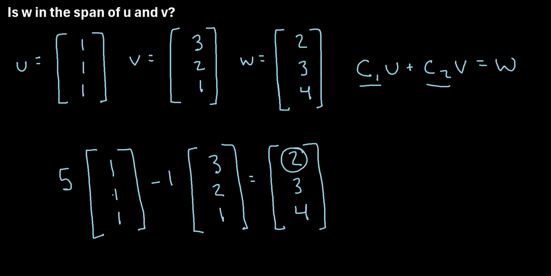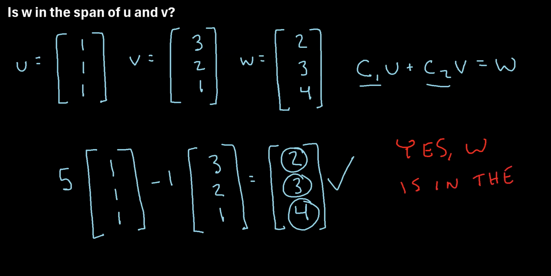Then we have 5 times 1, which is 5, minus 1 times 2, so 5 minus 2 is 3, and 5 times 1 is 5 minus 1 times 1, so 5 minus 1, that's 4, so that checks out. So as our final answer, we can write yes, w is in the span of u and v, and that's because we were able to write w as a linear combination of u and v.